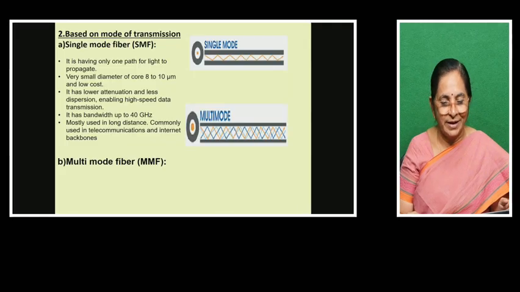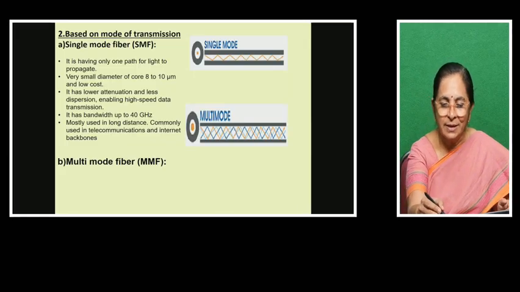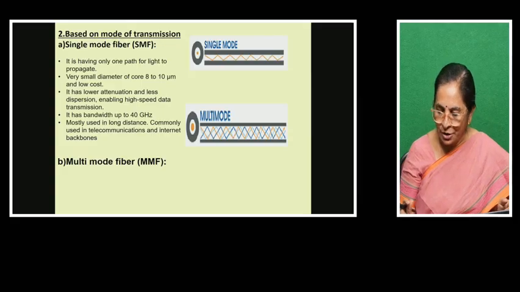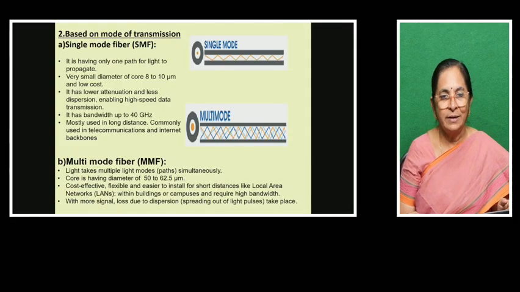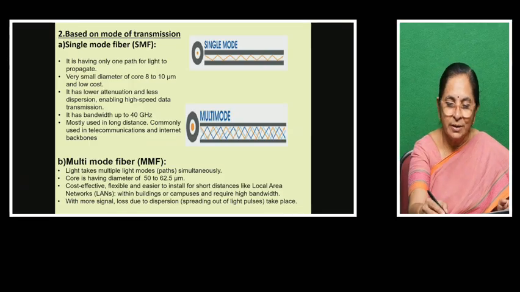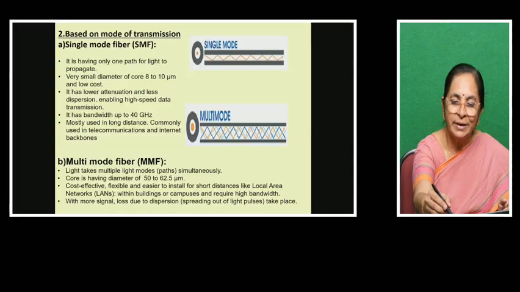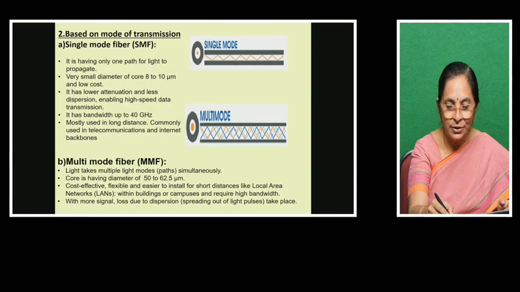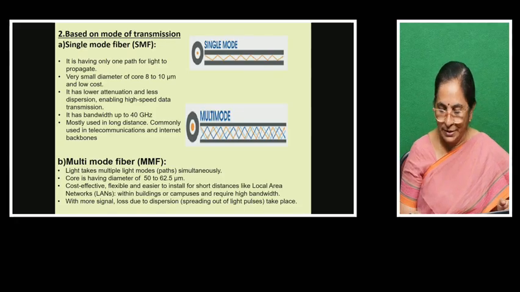Next, multi-mode fiber. Here you can see the laser diode or the LED source will send multiple rays across the cable, multiple rays simultaneously at the same time. Many signals will be passing across the cable. The diameter of the core of the multimode fiber will be higher than the diameter of the core of the single mode fiber. Core is having 50 to 62.5 micrometer.